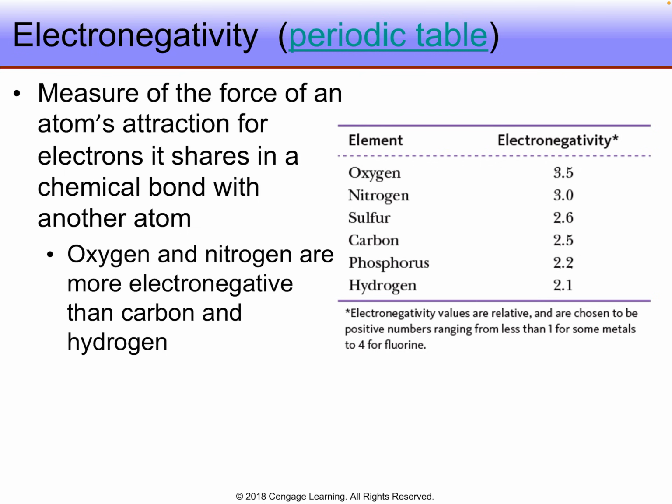So as a review from your general chemistry, you should review, if you don't remember, what electronegativity is. This is a unitless number which describes the ability of an element to attract electrons. It has important consequences for the chemical behavior of molecules and atoms within molecules.